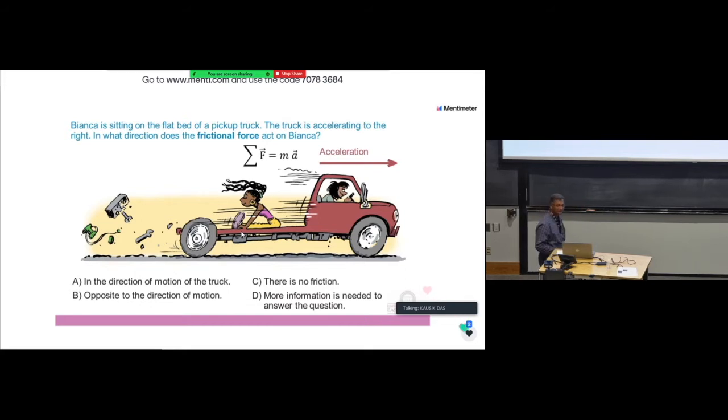The same acceleration as the truck's, right? And what is providing that force? That's the only force acting on Bianca. That's friction. So this breaks the misconception that friction is opposite to the direction of motion. Direction of which motion?